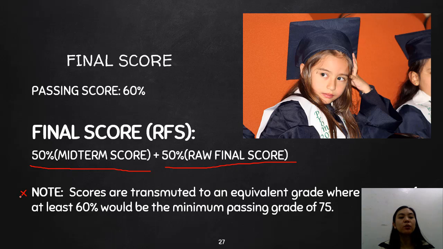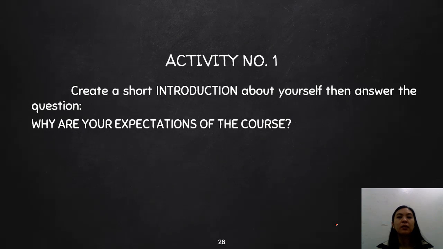So there's a note here which says scores are transmuted to an equivalent grade where a score of at least 60% would be the minimum passing grade of 75. So for all of the activities, exams, sit works, quizzes that I will be providing you, you should get at least 60% in order for you to have a passing grade of 75.